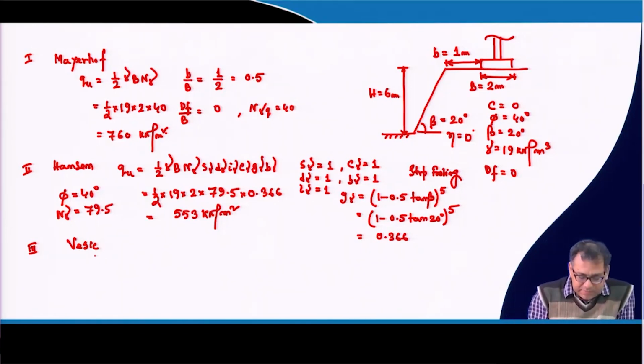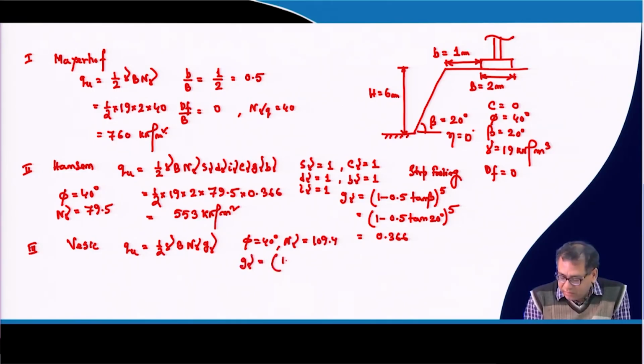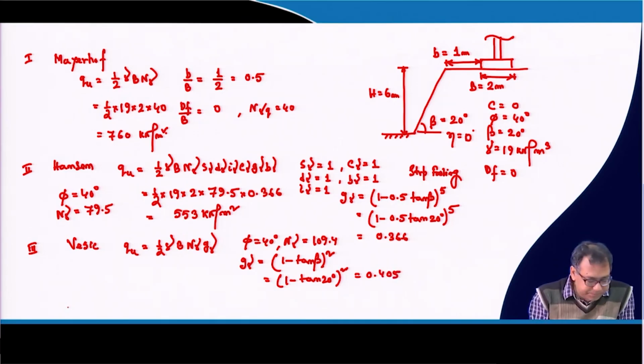If you have a different problem, as per that you have to apply those factors and you will get the value. So as per Vesic, with a similar expression, I am not writing the coefficients, those are 1 because I have already explained. So this is half gamma B N gamma, and here G gamma will be there. Now, for phi equal to 40 degree, as per Vesic, the N gamma is 109.4 and G gamma is 1 minus tan beta to the power square. So it is 1 minus tan 20 degree to the power square, which is 0.405.